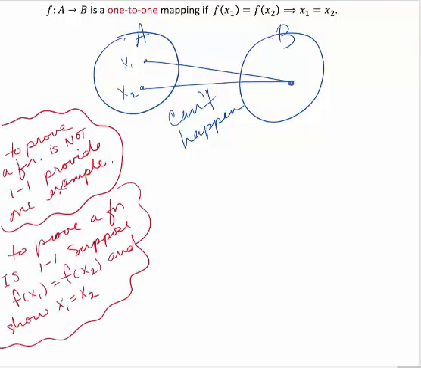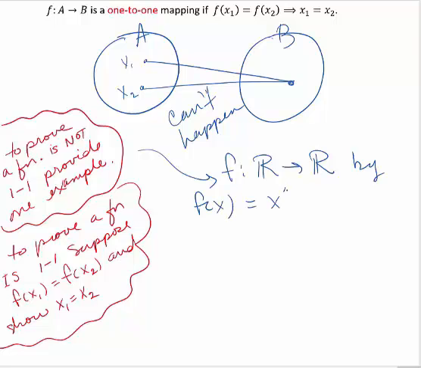So in red here are two important techniques of proof. You should add them to your list of how to prove things. If you want to prove that a mapping or a function is not one-to-one, you have to just provide an example. I'll show you an instance of that. Let's let f map the real numbers to the real numbers by f of x is equal to x to the fourth, let's say.